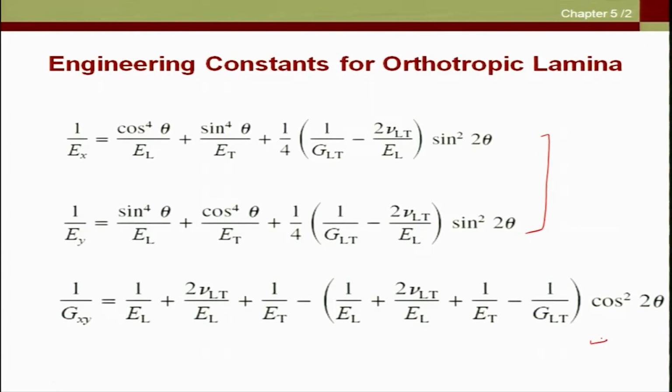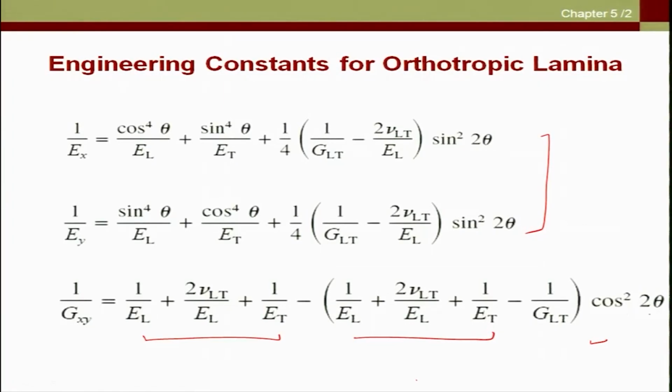Similarly, when theta equals 0, let us look at the third equation. So, when theta equals 0, then cosine square theta becomes 1, and what happens is that the terms outside the bracket and the first 3 terms inside the bracket, they cancel out each other, and essentially what that implies is that when theta equals 0, then Gxy is same as GLT. Okay.